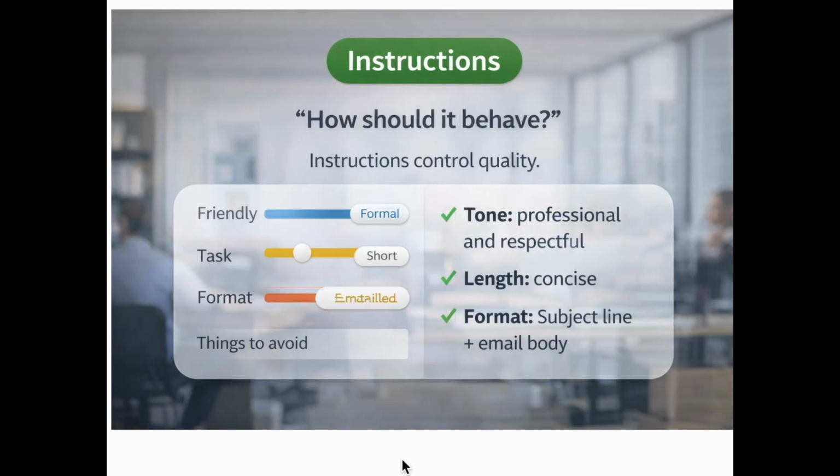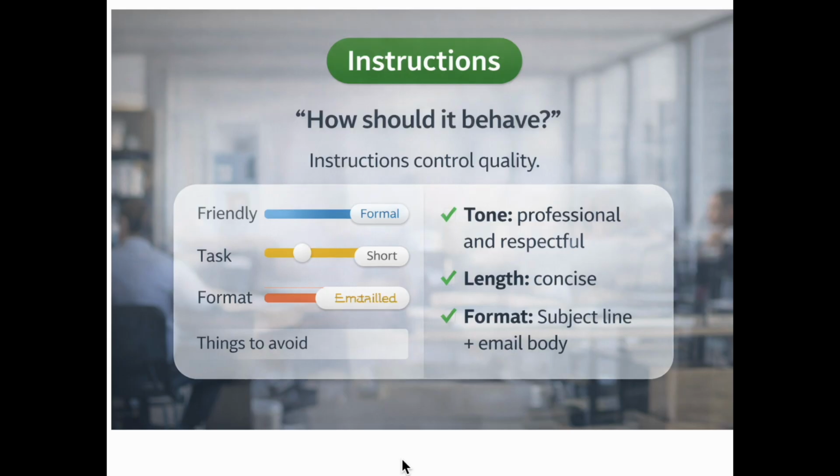I stands for instructions. Instructions answer one question: how should the AI behave? This is where quality is decided. Instructions control things like tone, length, format, and even what to avoid.